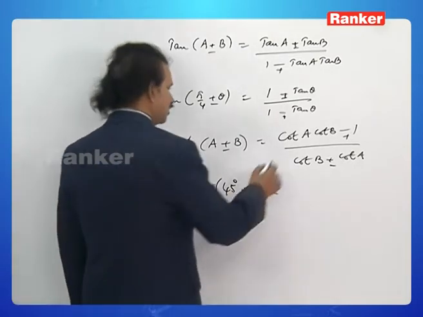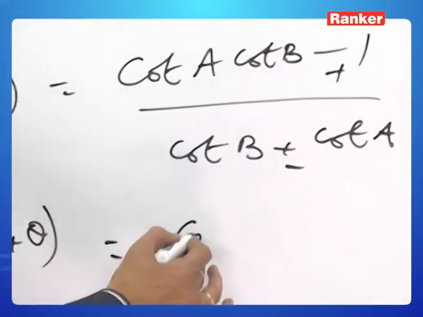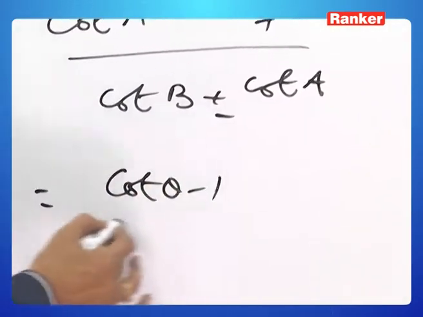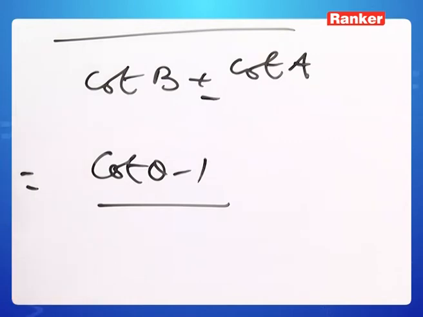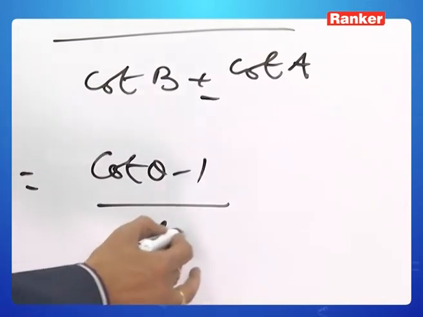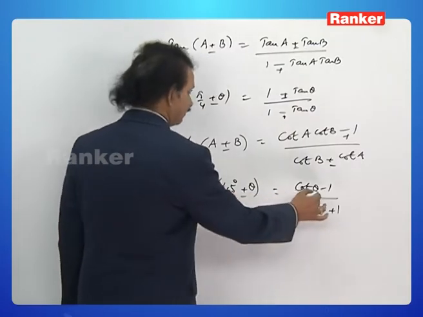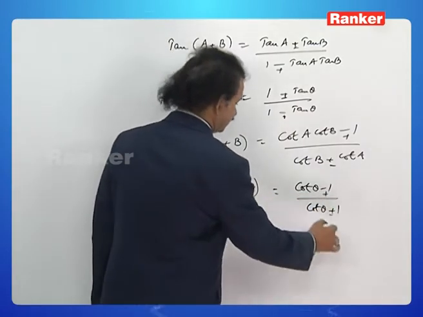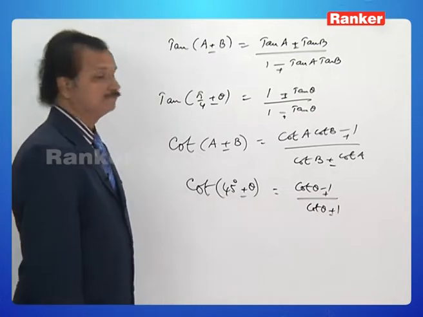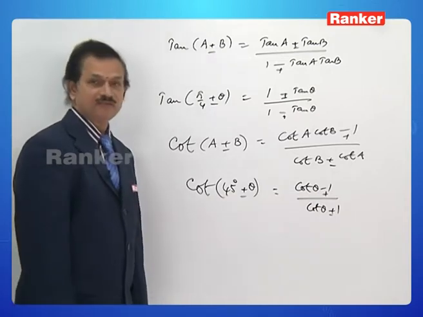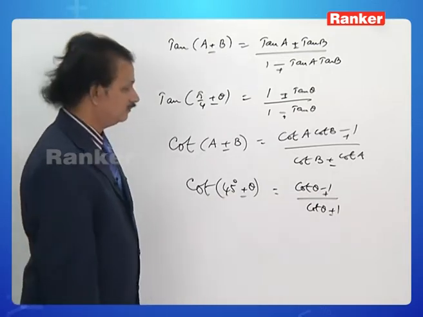What happens? Cot 45 is 1, cot theta, cot B means cot theta, plus 1. If you have minus, you have plus here, minus here. These are the applications of this. Good. Then next one.